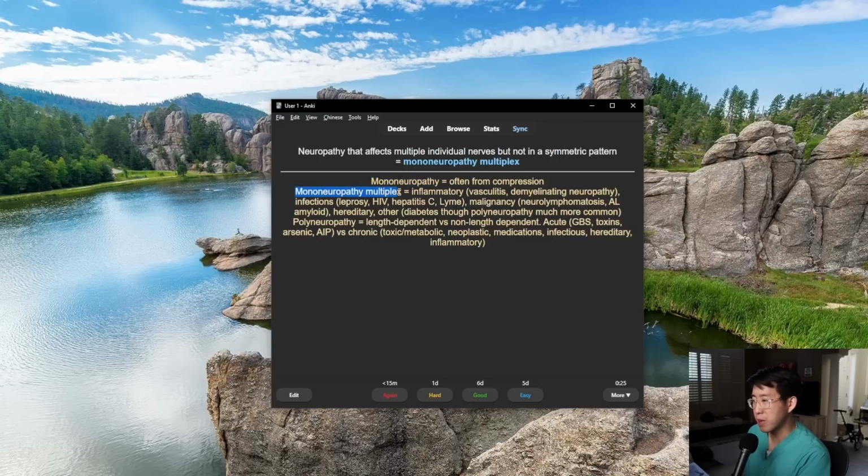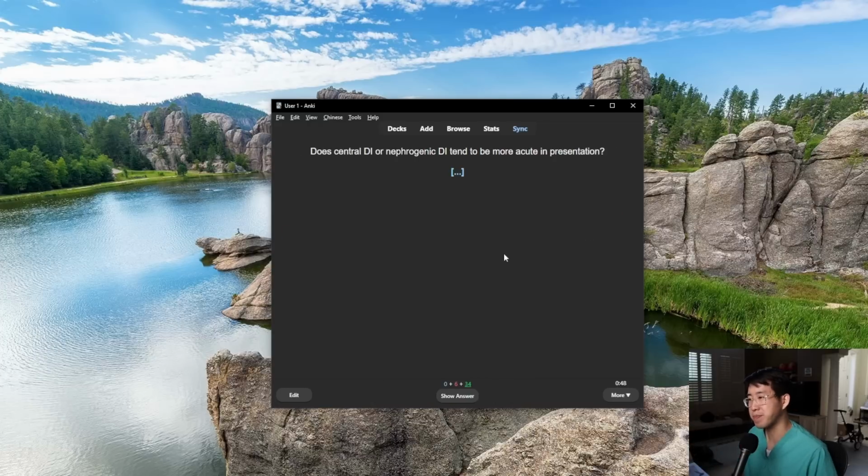And then mononeuropathy multiplex can be due to inflammatory causes, malignancy, hereditary causes. And so basically you have randomly distributed nerves that are affected, but it's not in a symmetric pattern. The polyneuropathy that we see is kind of symmetric, lower extremities, symmetric hands, things like that. These are the kinds that we see very frequently, like diabetic neuropathy, things like that.